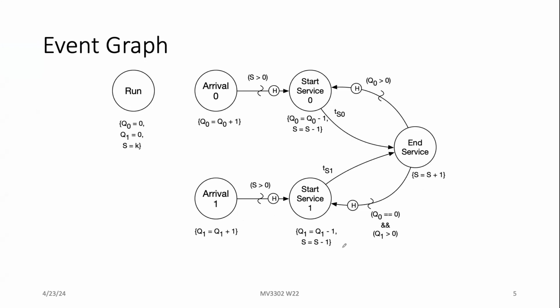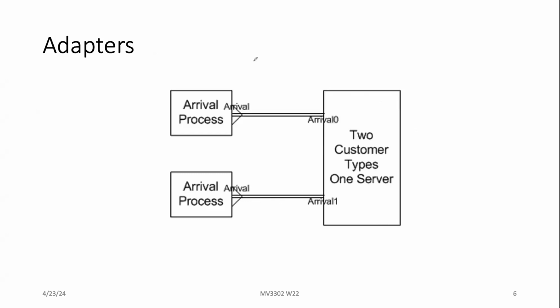All right, so now the issue is something that we've encountered before: the arrival events that are kicking this off are now called something different. There's arrival 0 and arrival 1. What makes one customer type different from the other are their service times and inter-arrival times. And how can we capture that?